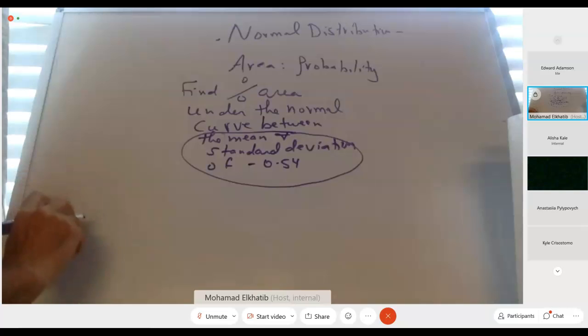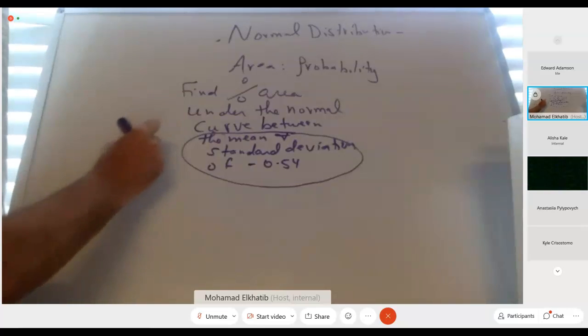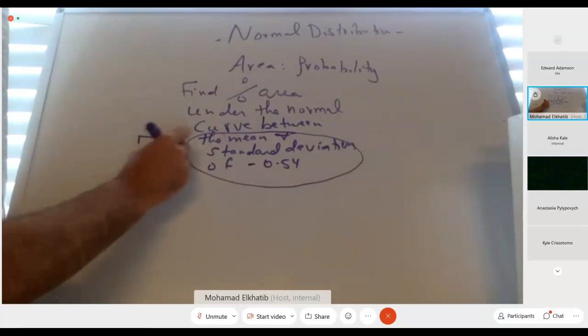Whenever you see the word mean and standard deviation of negative 0.54, they're talking about the Z score.